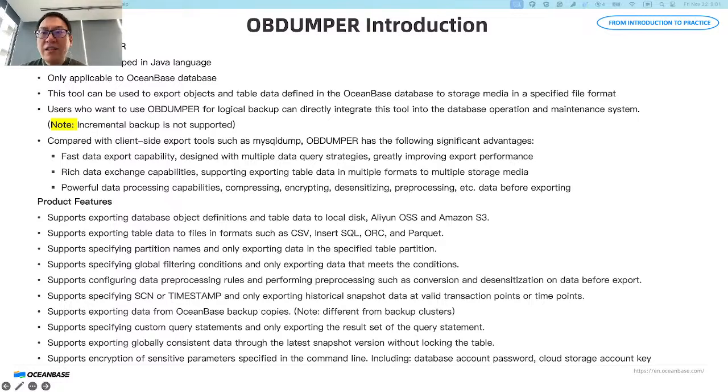A variety of data query strategies are designed here to improve its performance, as well as rich data exchange capabilities, supporting the export of table data in multiple formats to multiple storage media. There are also some powerful data processing capabilities, which compress, encrypt, desensitize, and pre-process data before exporting. I won't introduce the product features in detail. You can take a look on your own.